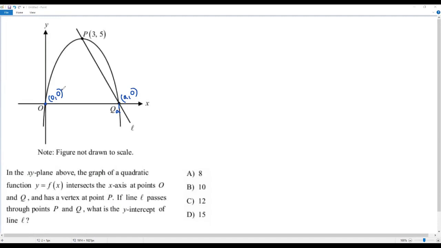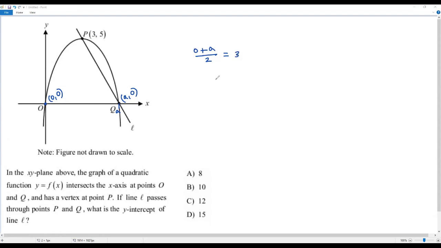Here the x-coordinate at the x-intercept O is 0 and at Q is A. To get the average, we add them and divide by 2: (0 + A) divided by 2. It must be equal to the x-coordinate of the vertex, that is 3.